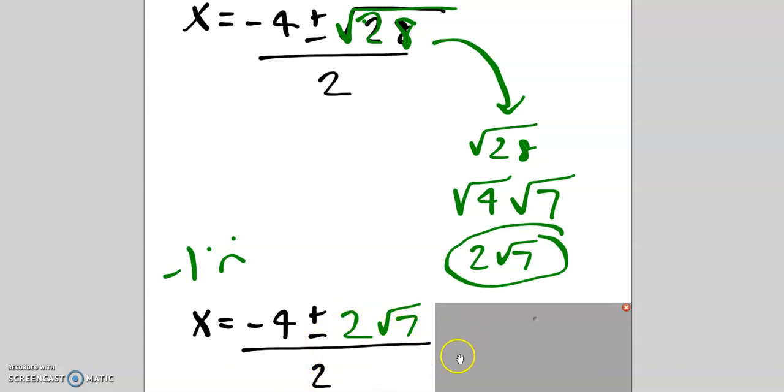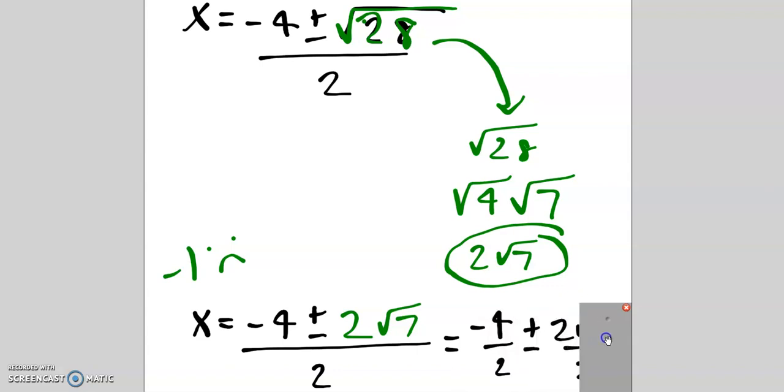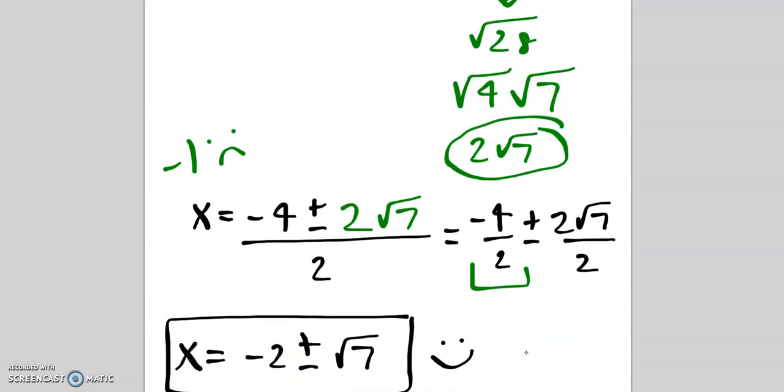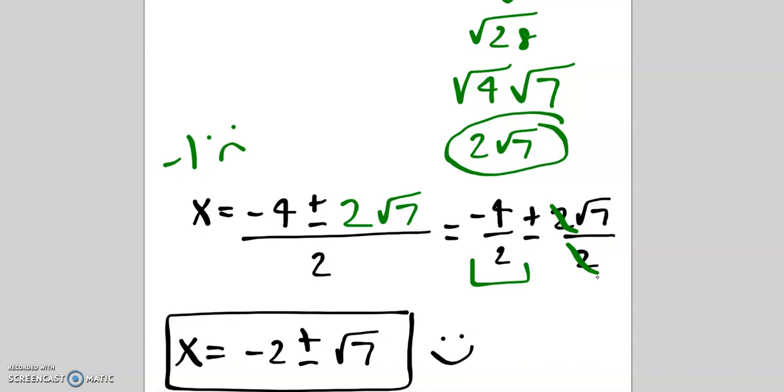Separate the numerator, keep them both over the denominator. That makes it super easy to see: -4 divided by 2 is -2, and 2 over 2 cancels, leaving me with the square root of 7.